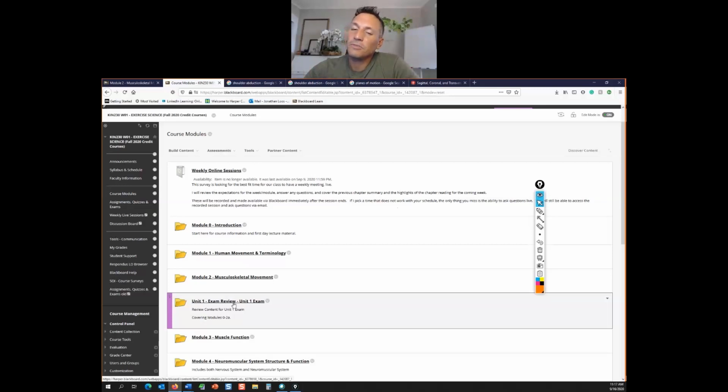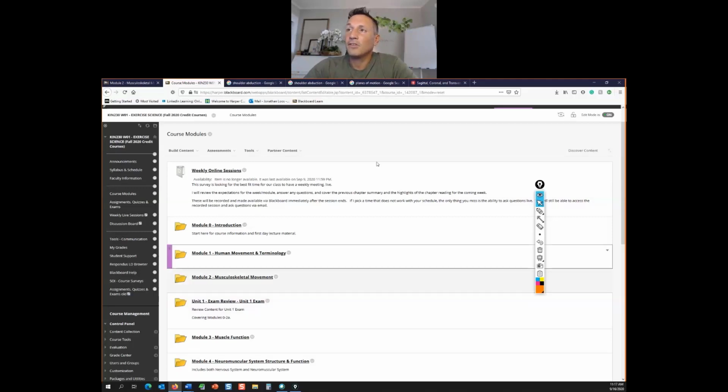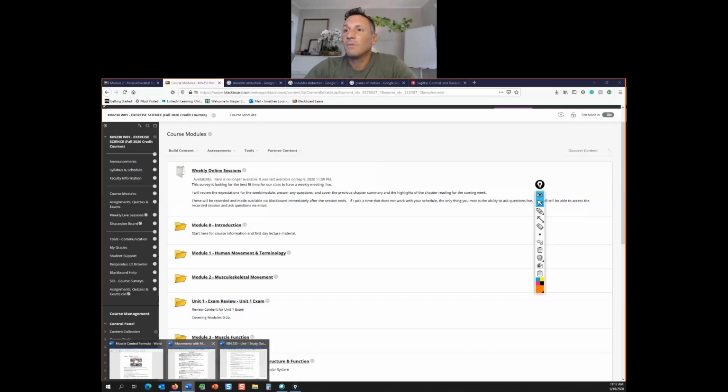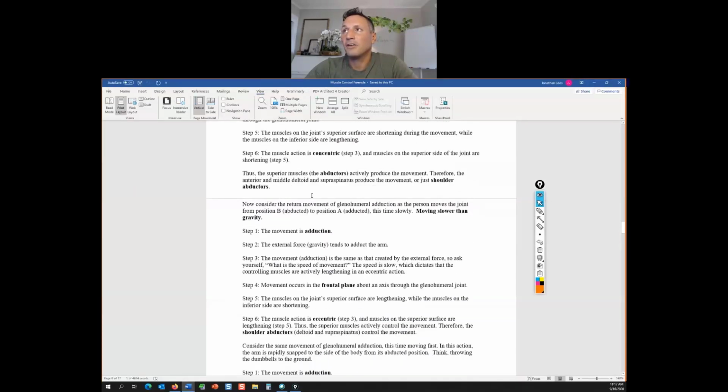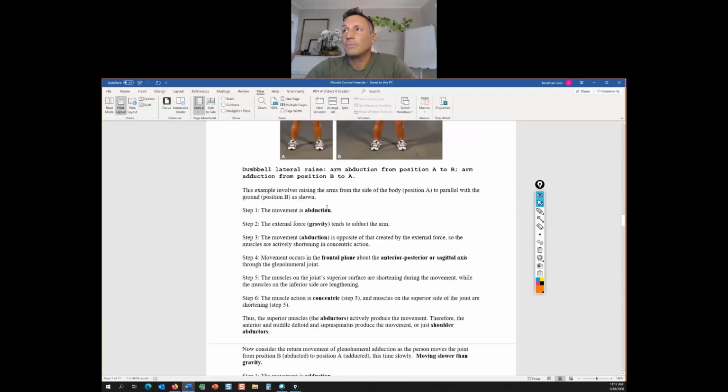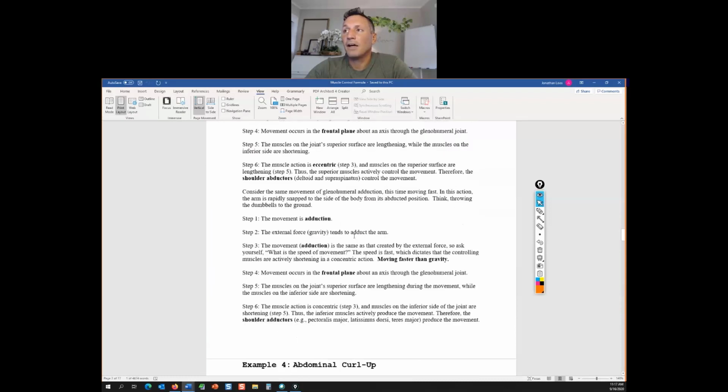The syllabus was using the old format. I changed this last fall because of the issue there, so I broke it up a little bit. This first exam is really just chapter 4, and I kind of highlighted that. It's going to be really what we just went over, this muscle control formula. So for your examples, can you go through step by step and identify what's happening?